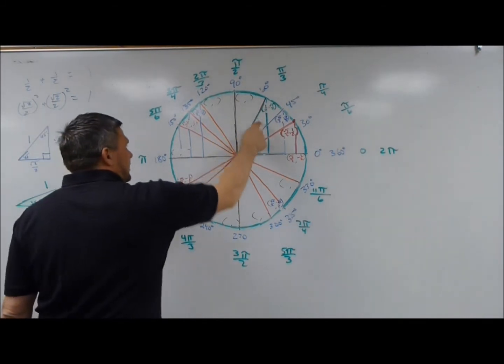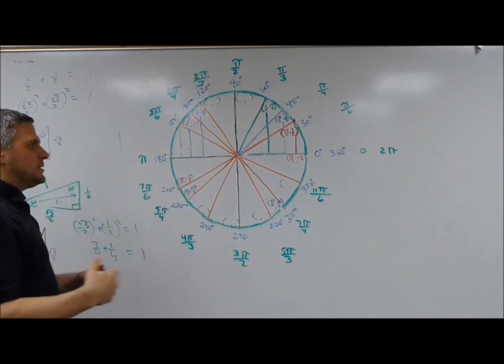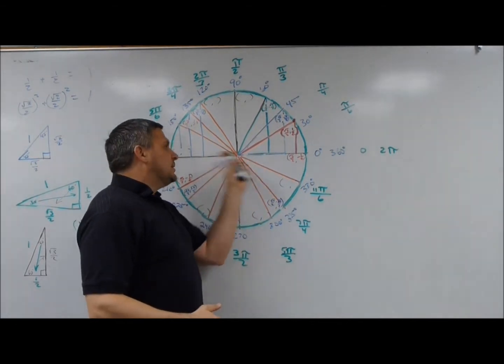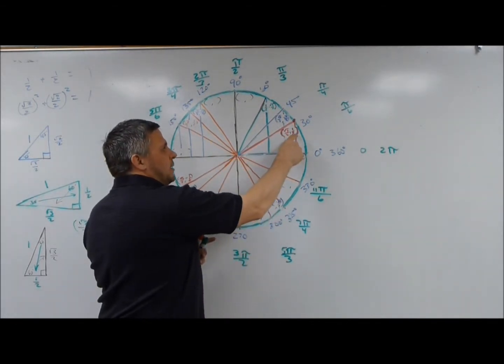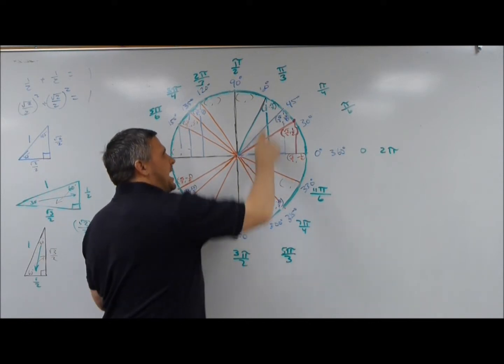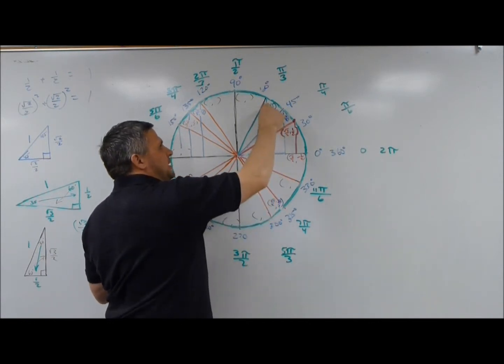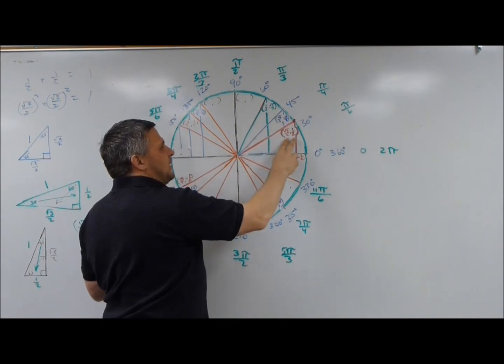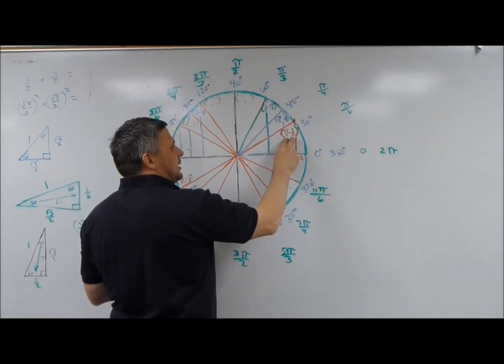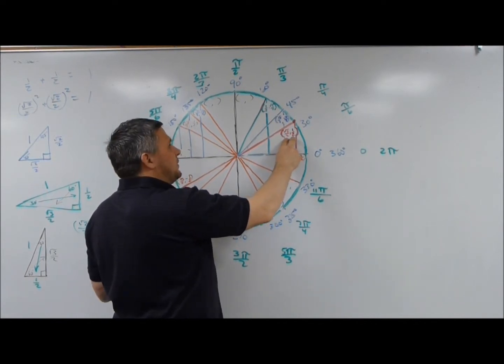But it's still a 30, 60 triangle, and the length now is going to be 1/2, and the height now is going to be square root 3 over 2. So the height and length become the length and height.